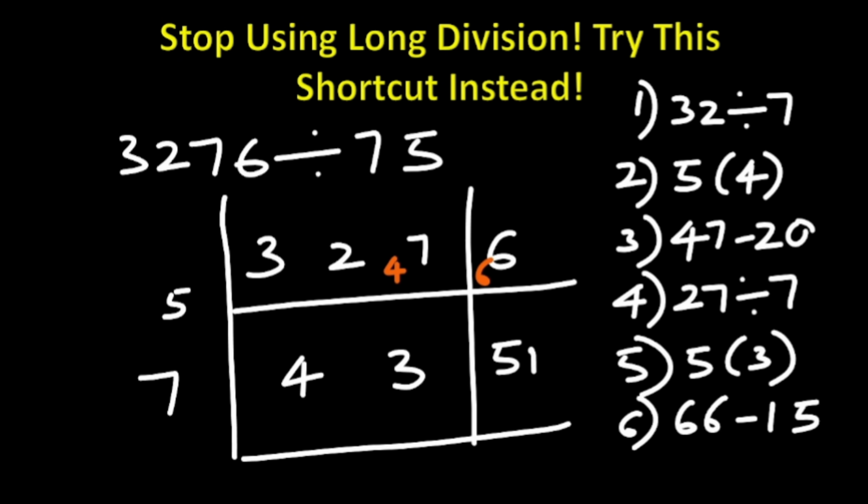What is the remainder here? So the remainder is 51. And what is the quotient? Quotient is 43. So when we divide 3276 by 75, the quotient is 43 and the remainder is 51.